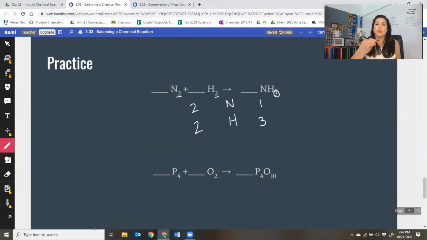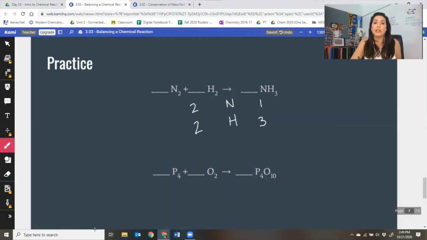Now, I'm ready to start balancing. I can put new numbers in front to say, hey, listen, I know nitrogen and hydrogen are going to react to form this molecule here, but how much am I going to need of each of these for this to work? Like with our old example of the bicycle, how many wheels will I need to make a bicycle? You're not changing the structure of the wheel, you're just adding more of them or taking away some of them.